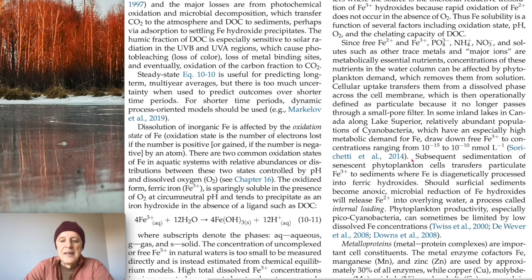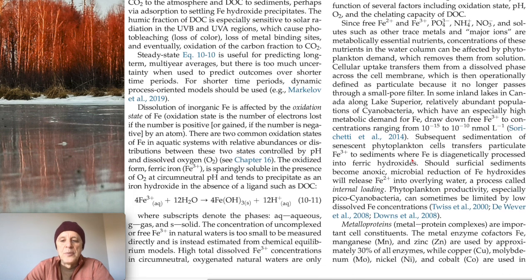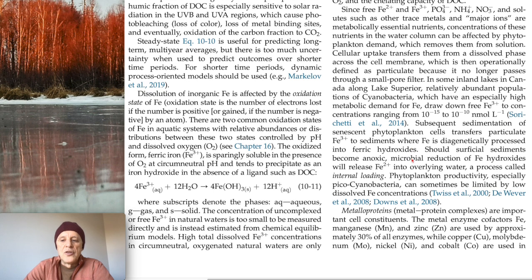In some inland lakes in Canada, along Lake Superior, relatively abundant populations of cyanobacteria, which have an especially high metabolic demand for iron, draw down free ferric iron to concentrations ranging from 10 to the minus 15 to 10 to the minus 10 nanomoles per liter.